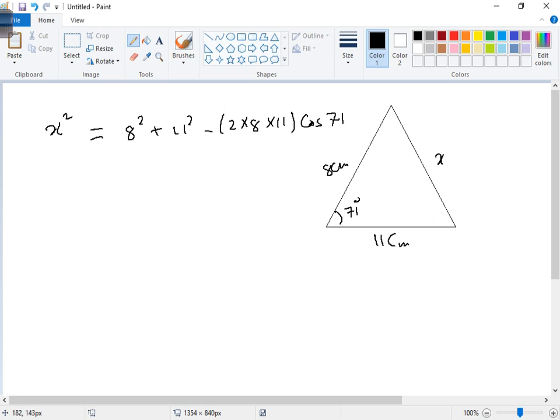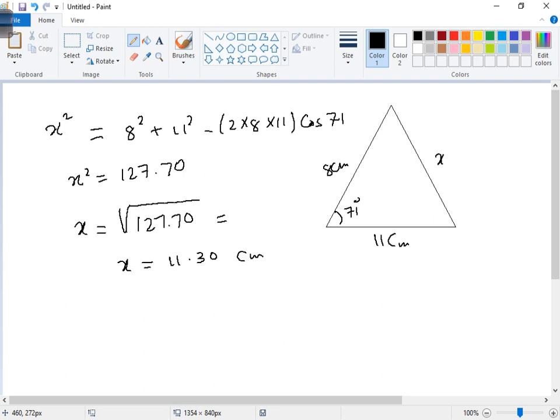We find x square equals 127.70, and x equals the square root of 127.70, and the answer is x equals 11.30 centimeters to two decimal places. This is how to work an example of the cosine rule.